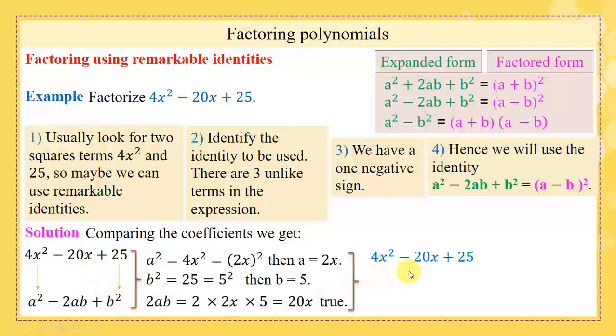Then we apply the remarkable identity directly to get 4x squared minus 20x plus 25 equals (2x) squared, which is a squared, minus 2 times 2x times 5, which is 2ab, plus 5 squared, which is b squared. The final answer is (2x minus 5) squared, as (a minus b) squared.